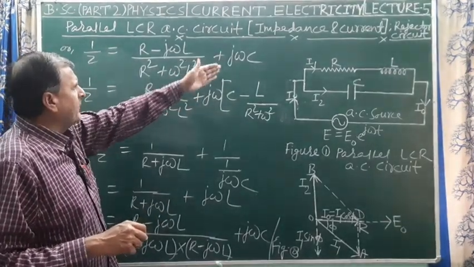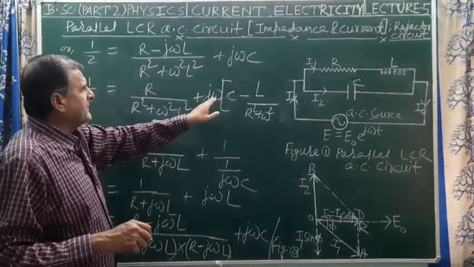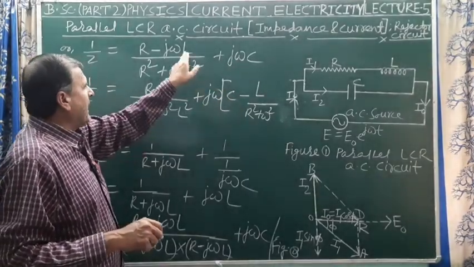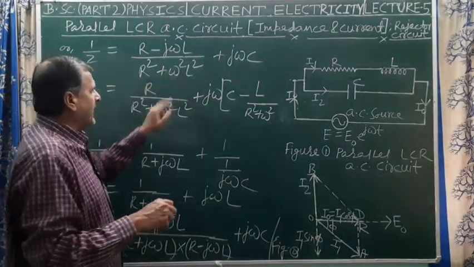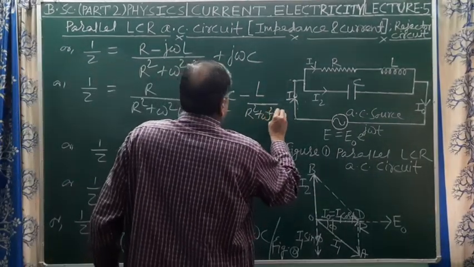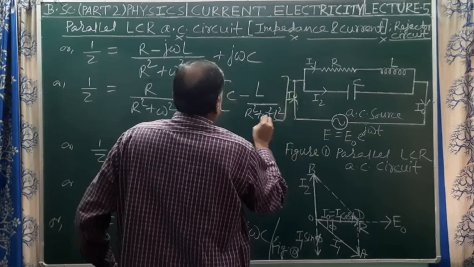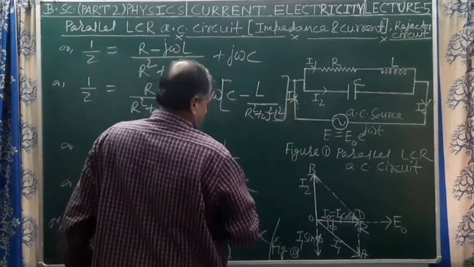We are left with j omega under bracket C minus, in the negative term we have, L upon R square plus omega square L square. And suppose this is equation number 3.